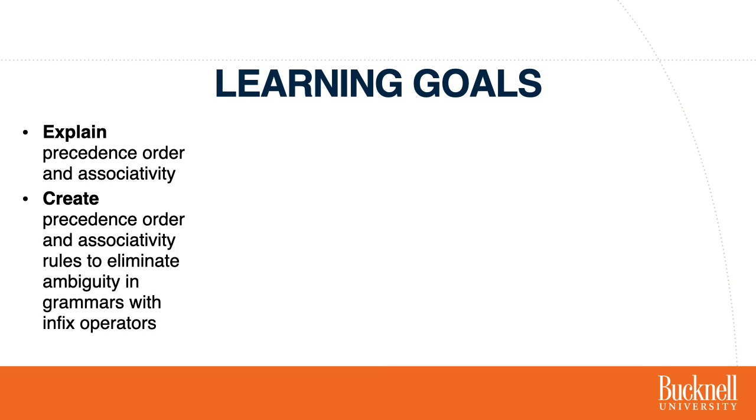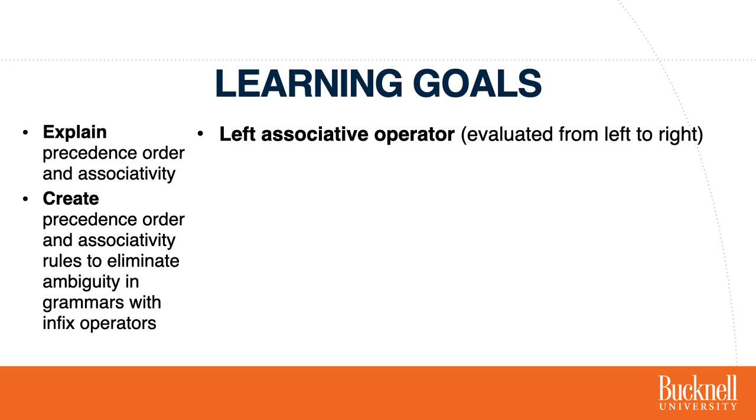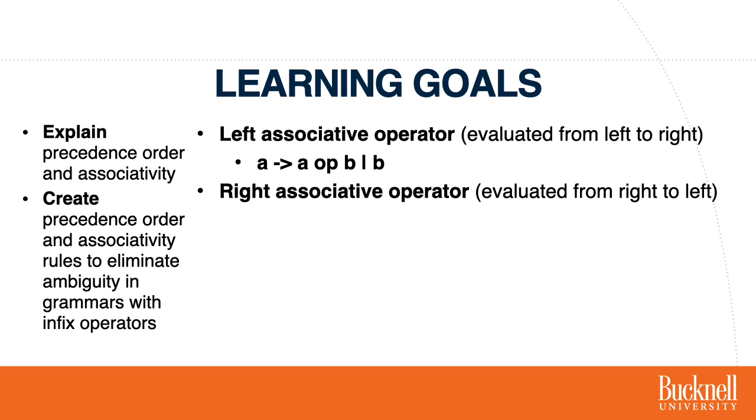Learning goals for this lecture were to explain precedence order and associativity, and to create precedence order and associativity rules to eliminate ambiguity in grammars with infix operators. Left associative operators can be represented by rules where the operator on the right-hand side is of a more specific type.